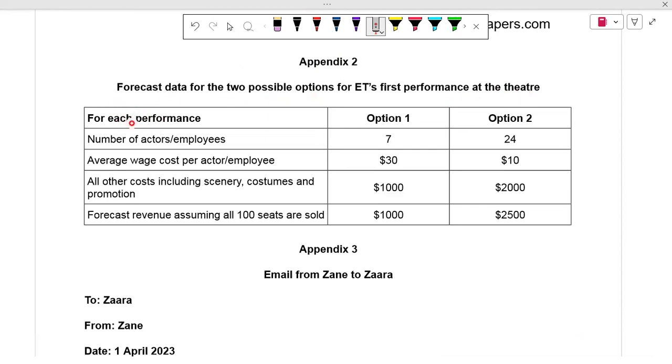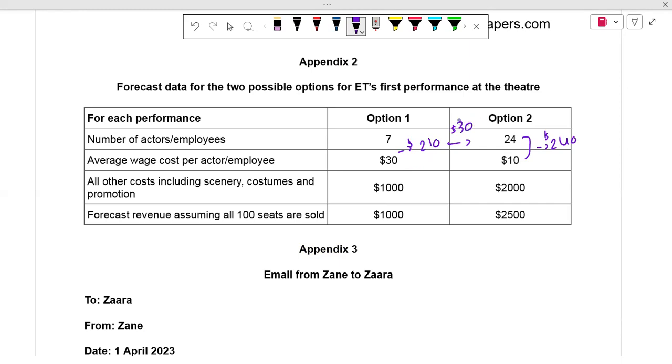For each performance, in option 1 the number of actors would be 7, and in option 2 it would be 24. Average base cost per actor would be $30, and in this case it is $10. So it means that it will cost us $240 in total, and it will cost us $210. There is also a difference of $30.